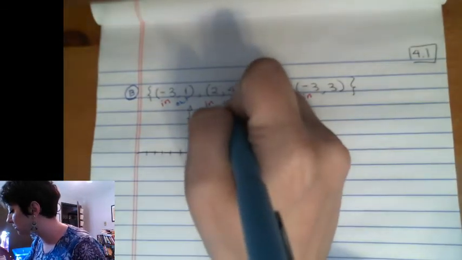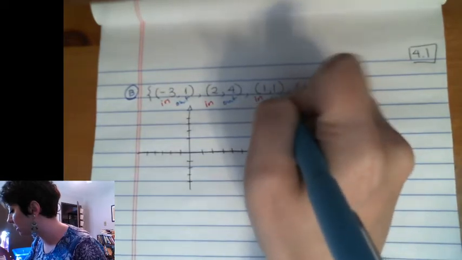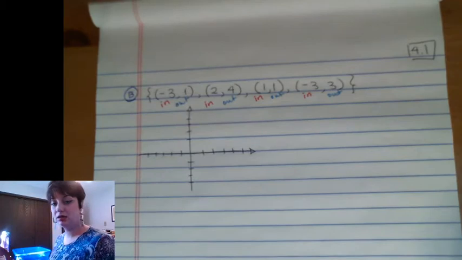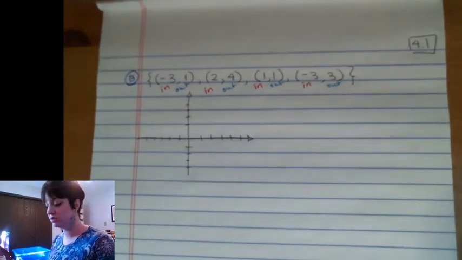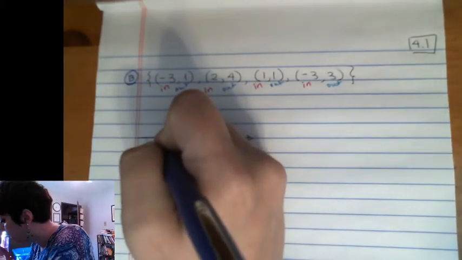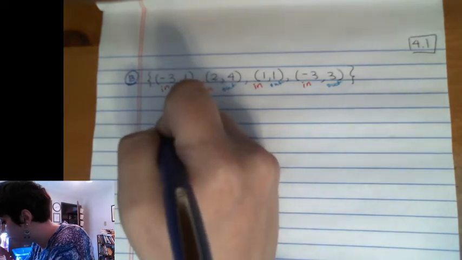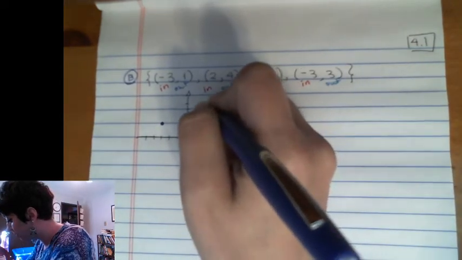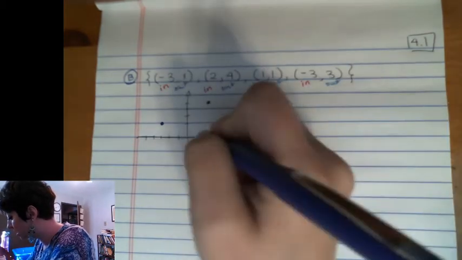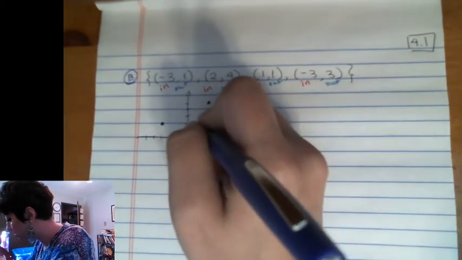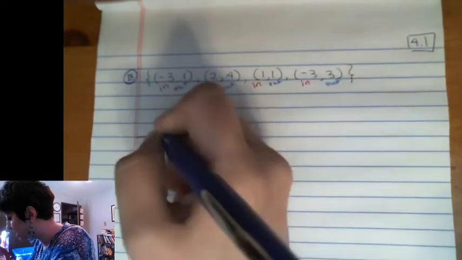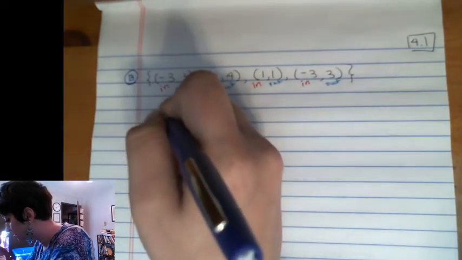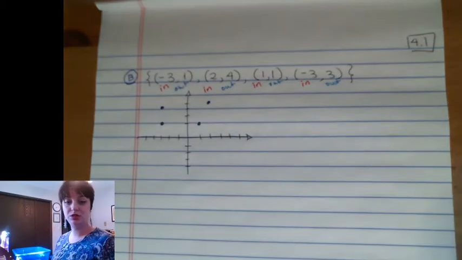In goes -3, out comes 3. Okay, so here's my graph.